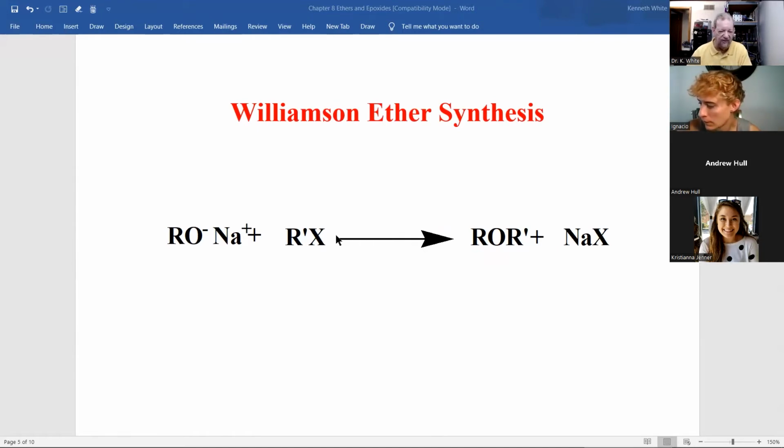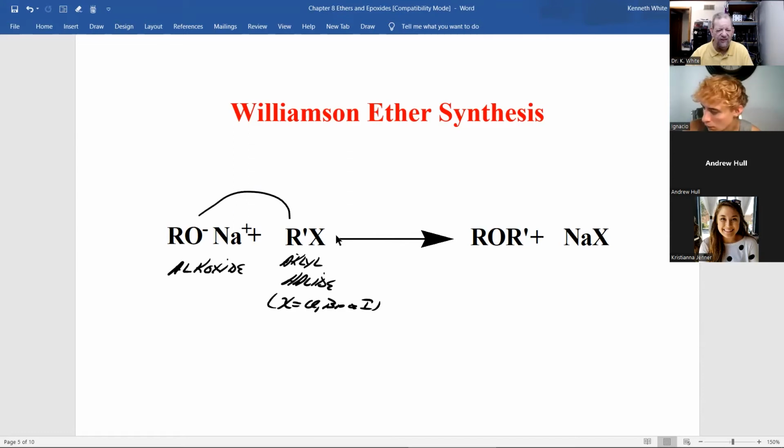And that's where you take, this is called an alkoxide, which I really am not talking about other than here, and an alkyl halide, R group with a halogen. And X here can be chlorine, bromine, or iodine.